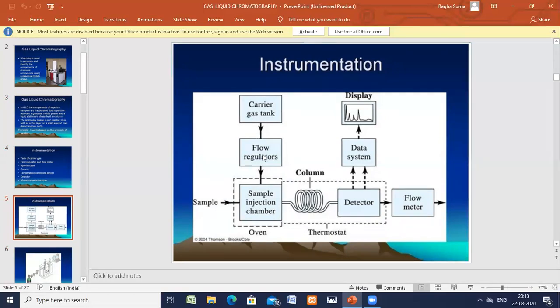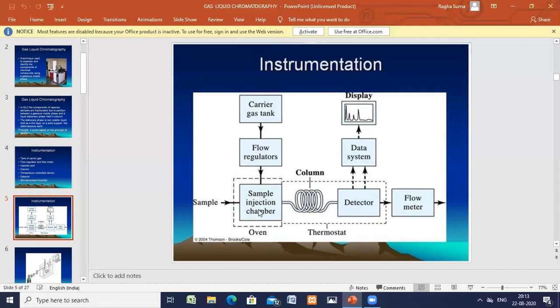Here, first, as I told you, the carrier gas tank, then flow regulators, then the sample injection chamber, and an oven to control the temperature. The injection chamber and column are all kept in the oven, the thermostat. Then the column and the detector are kept in the thermostat until detection is done.